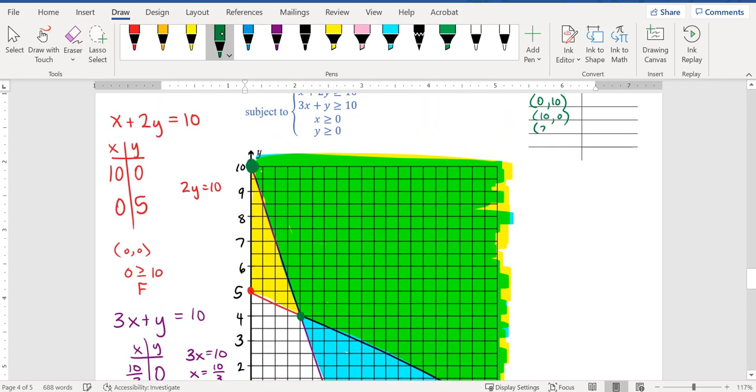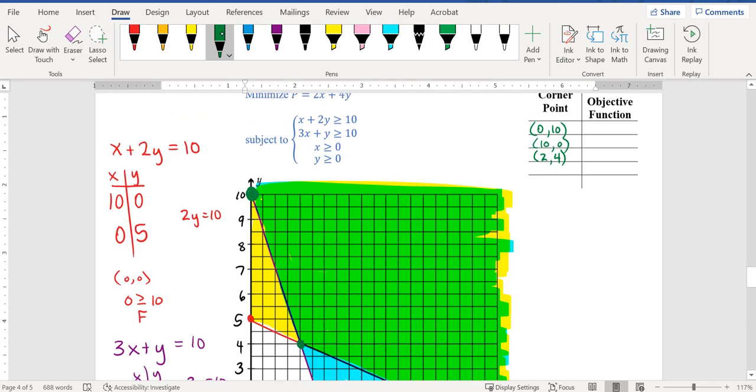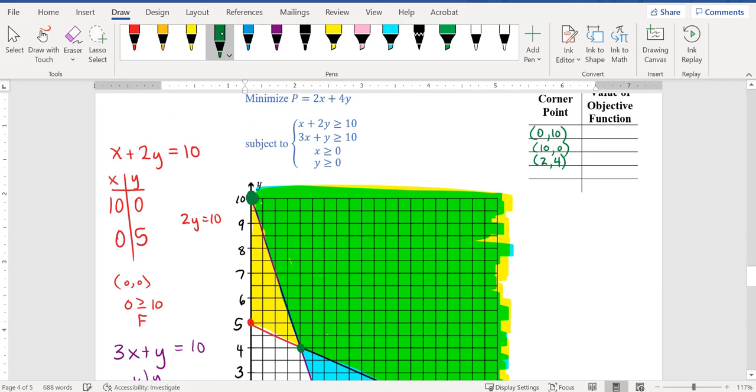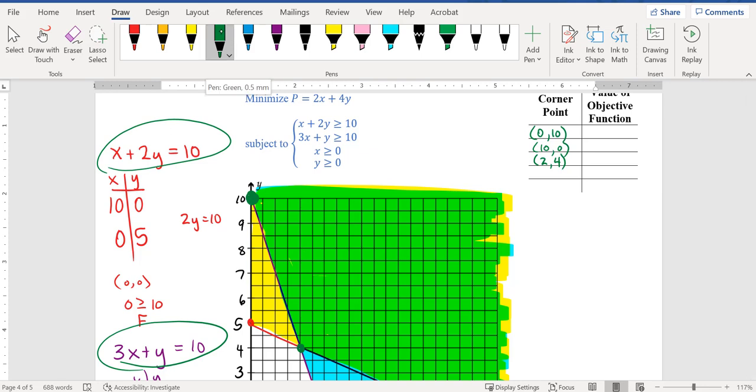How can we check that? Would 2, 4 satisfy both this equation and this equation? Let's see, 2 plus 8 is 10. 6 plus 4 is 10. Yes, so that is the intersection point of those two boundary lines.